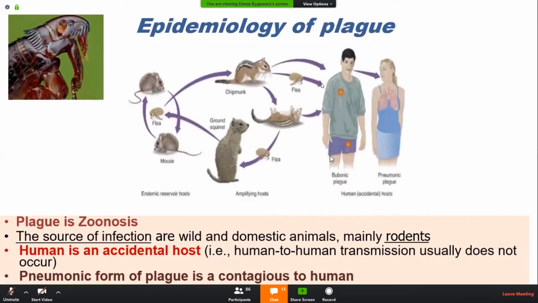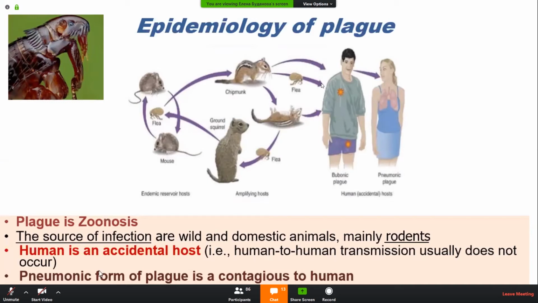Epidemiology. Zoonosis, plague is known as a zoonosis that is shed from animal to human. And in the next slide, I will show you the principle of the mechanism of transmission. But here, I want to show you the picture of typical scheme of transmission of a parasite from rodents, whole range of rodents, with the red flea or rodent flea as a vector of transmission.